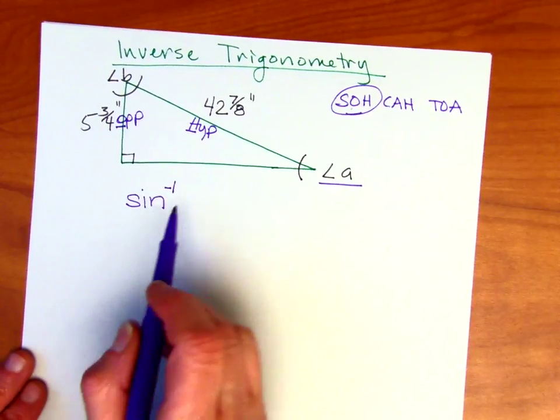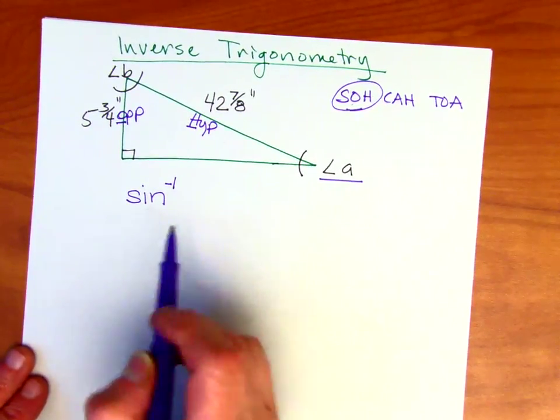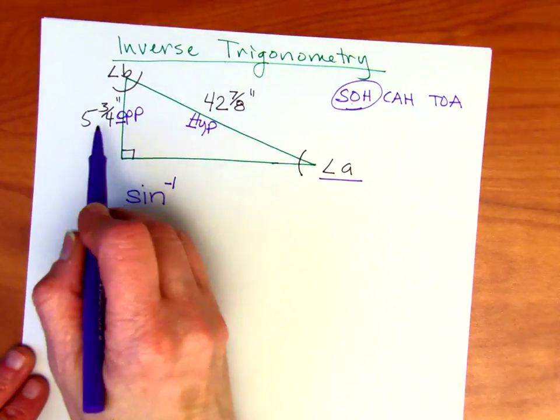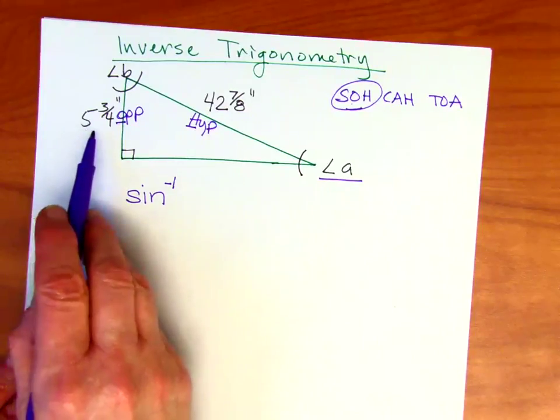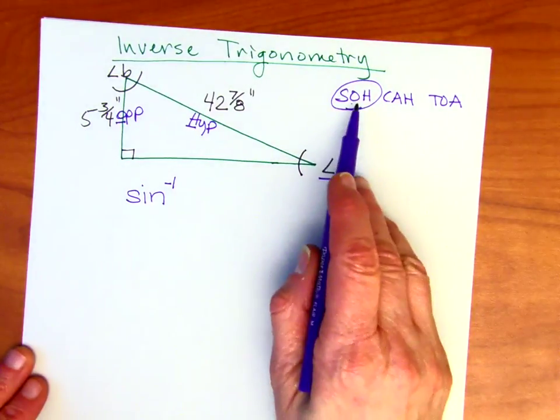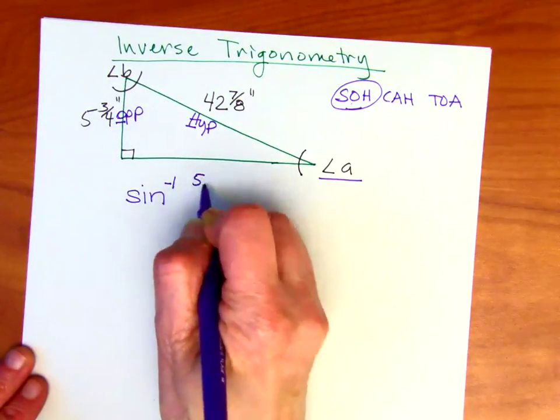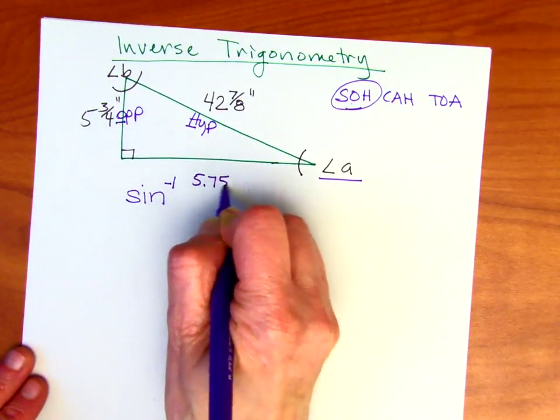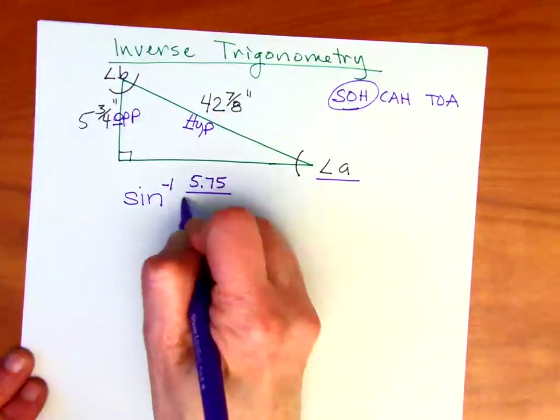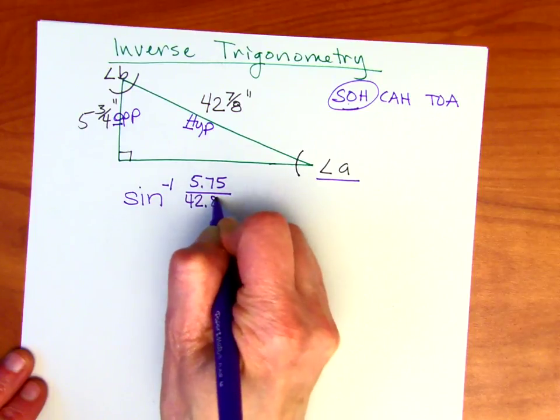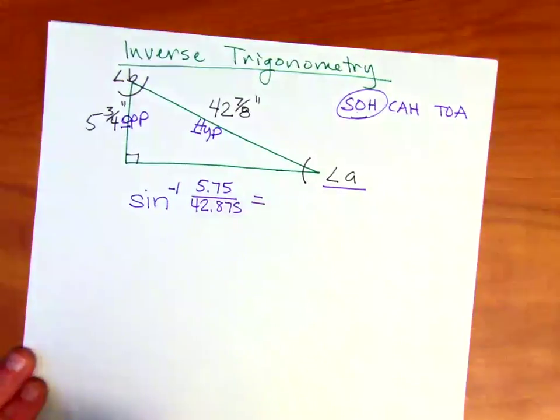Okay, and that's going to indicate that we're taking the inverse of sine, and so what we're going to do then is plug the numbers into the ratio. So opposite's going to go on top. That'd be the 5 3/4, or 5.75, and then the hypotenuse, which is the 42 7/8. So I'm going to do 42.875. Okay, and then we would just hit equals.